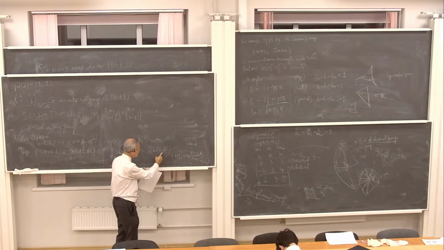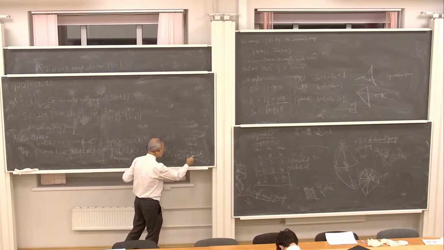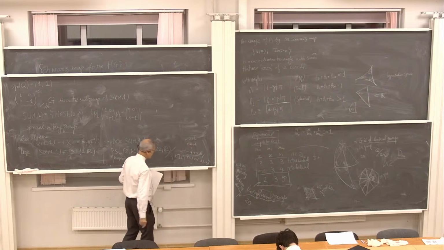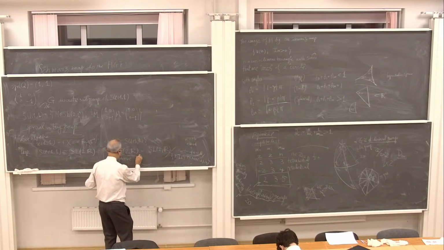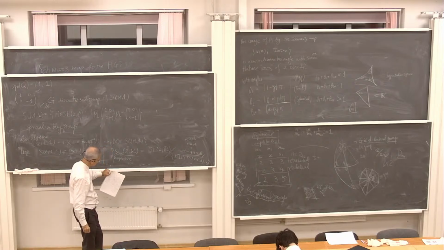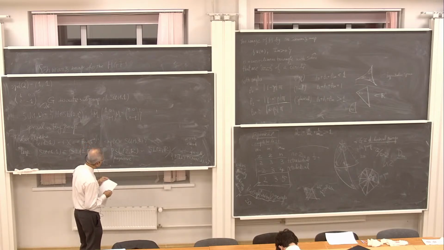So on the level of SL(2,R), these are different: (A, B, C, D) and minus (A, B, C, D). But in the projective special linear group, these give rise to the same transformation.